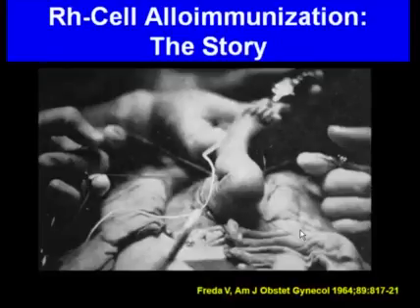It was 1 year later, in 1964, that Vincent Freda performed the first intravascular transfusion on an anemic fetus at 26 weeks gestation. What Vincent Freda did is he performed a laparotomy and a hysterotomy.